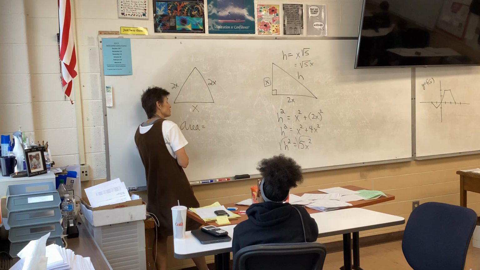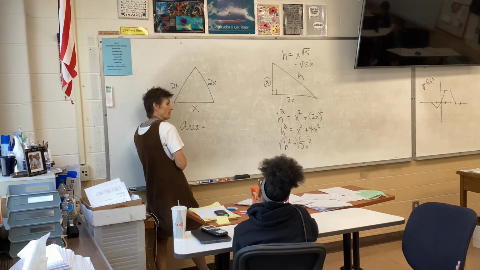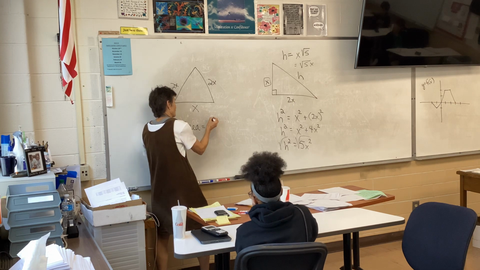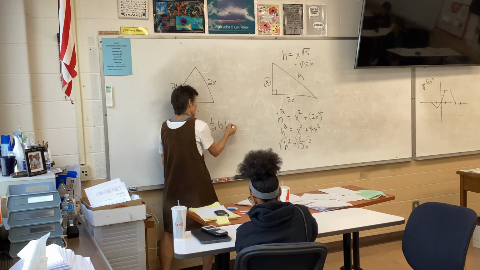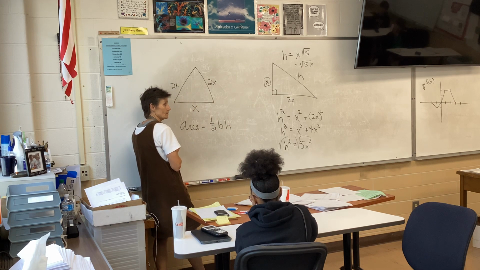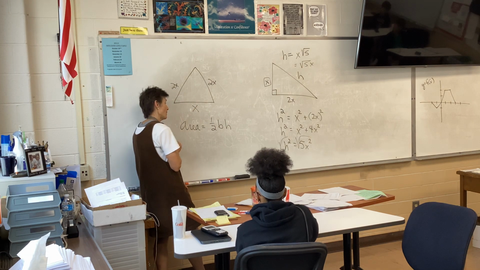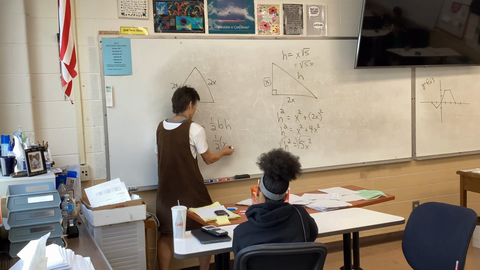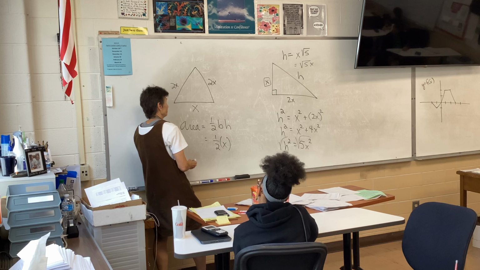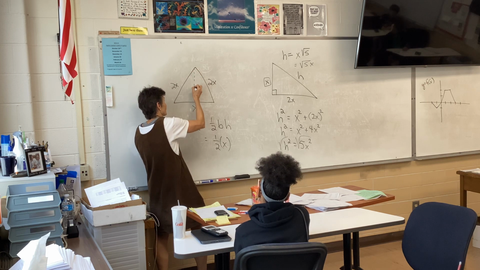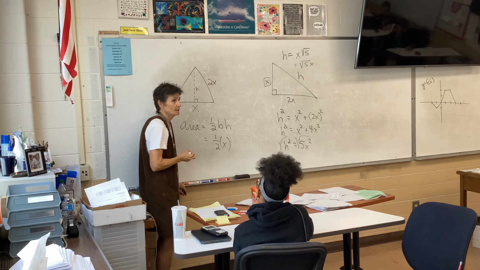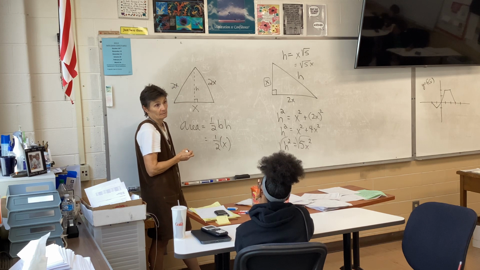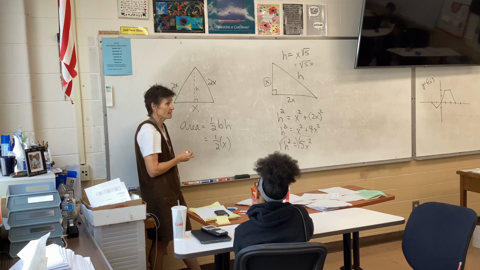And wait, what's just the overall general formula for the area of the triangle? 1/2 base times height. Right? Okay. What's the base? X. That's good. Would you agree that's the height? How in the world are we going to find the height?